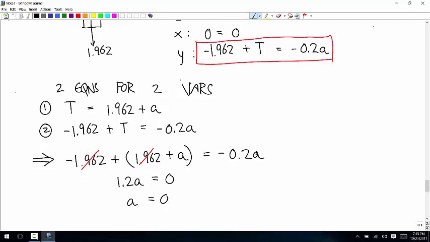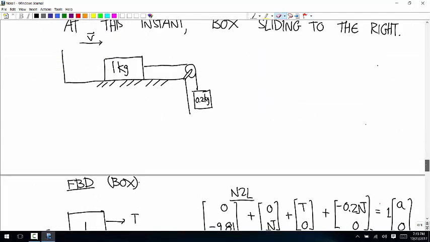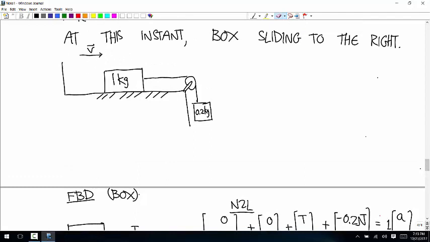Well, that's sort of boring. That happened because I chose the coefficient of friction to be the same as the mass of the hanging mass. But what does that say? We know that at the start, this has a velocity to the right.